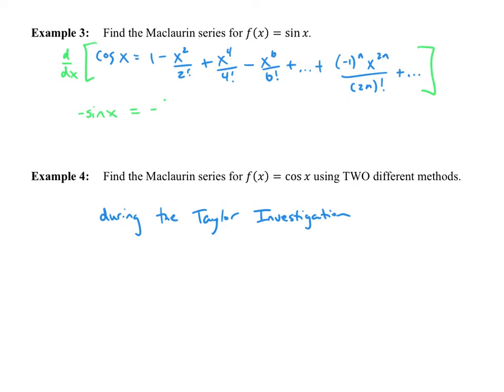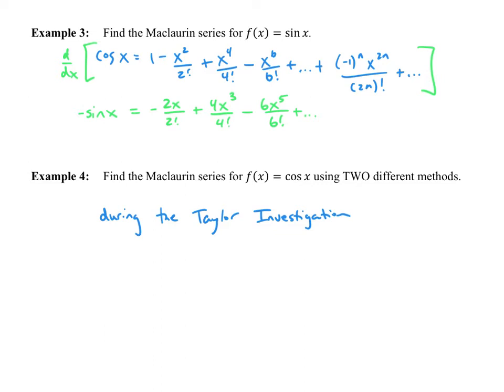The derivative of the next term would be 2x divided by 2 factorial. The next derivative would be 4x cubed over 4 factorial minus 6x to the 5th over 6 factorial, and then so on, okay?